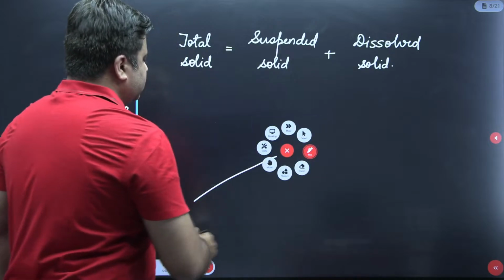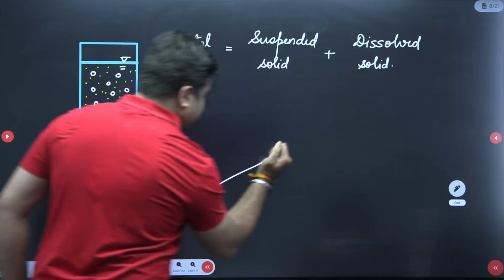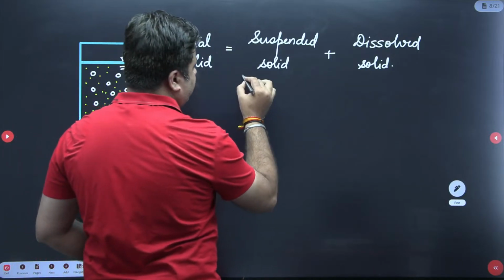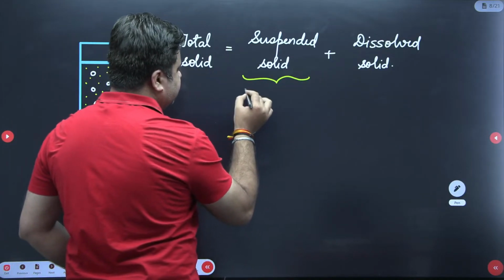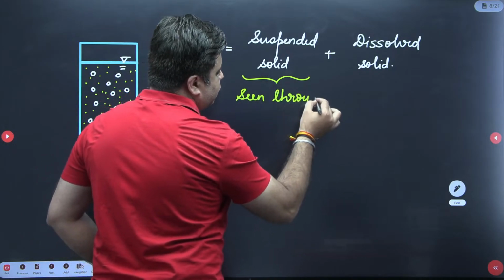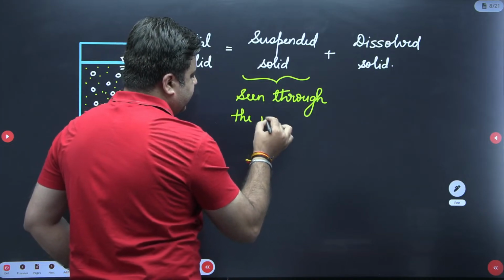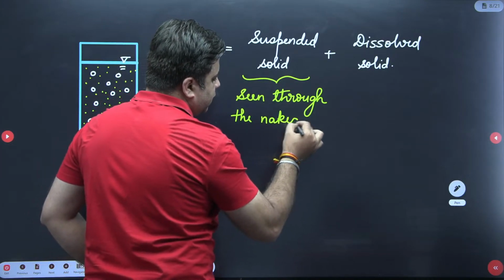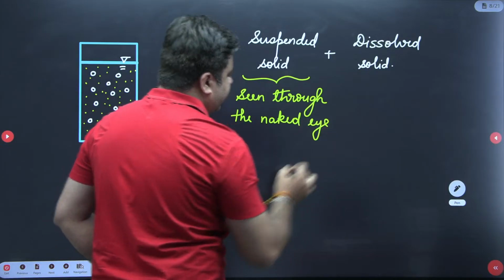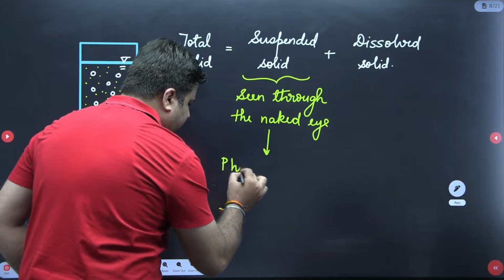Out of this, suspended solid is physically seen, hence it is classified as physical water quality parameter. It can be seen through the naked eye. Hence, it is classified as physical water quality parameter.